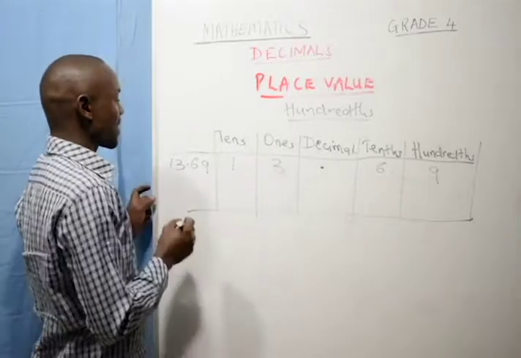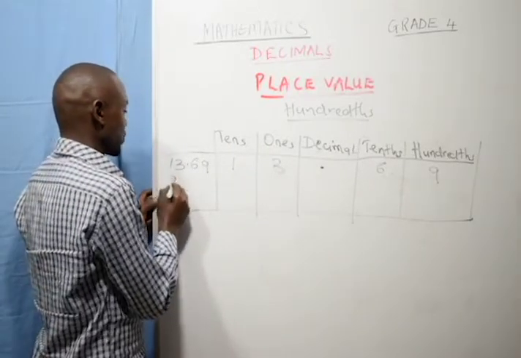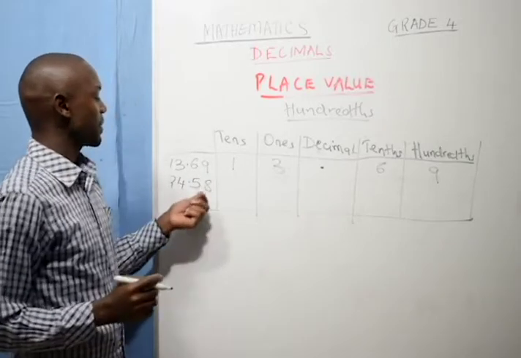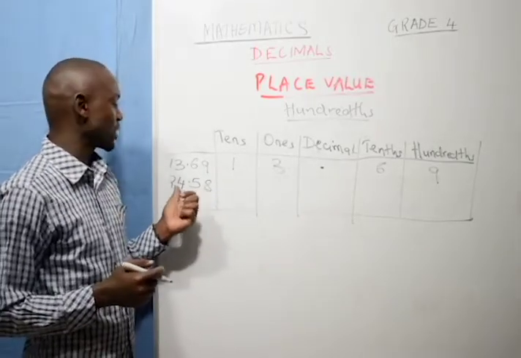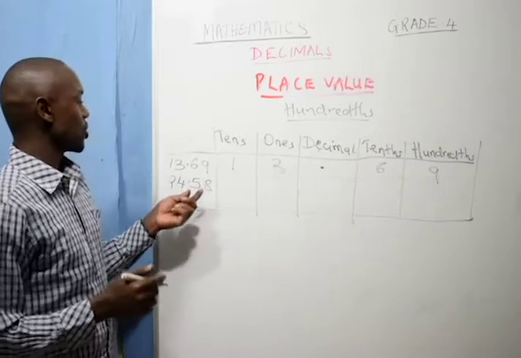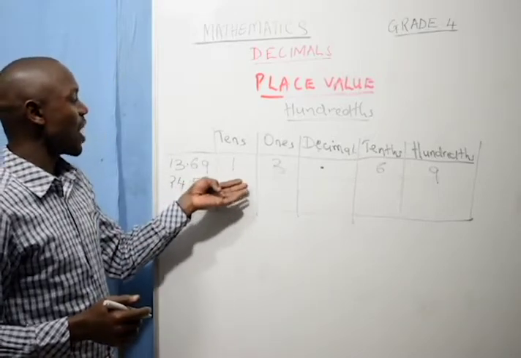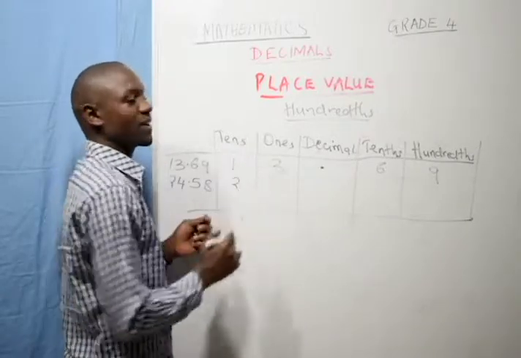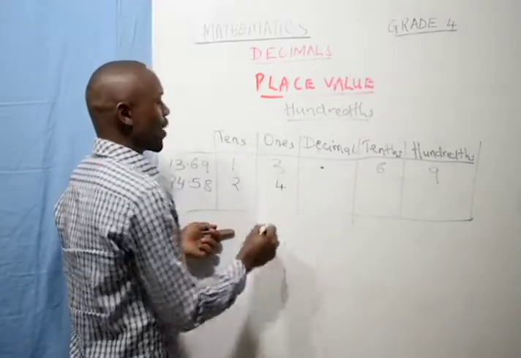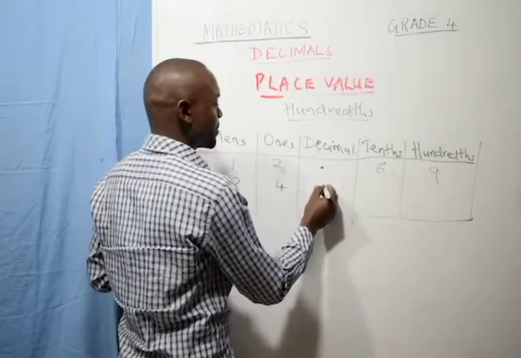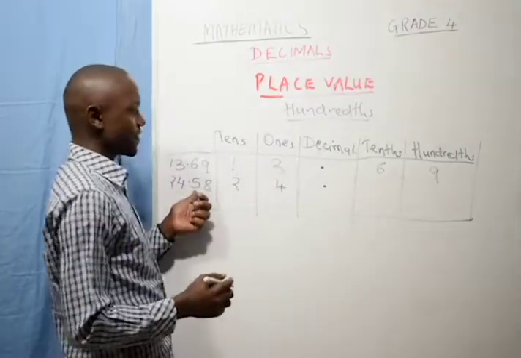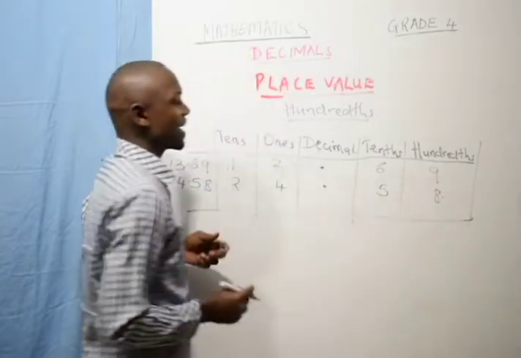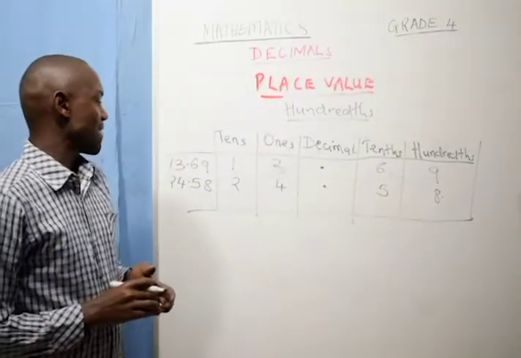We can still have another number like 24.58. In the place value chart, how are these numbers going to appear? We are going to have 2 in the tens place value, 4 in the ones place value, then the decimal, then 5 in the tens place value, and 8 in the hundreds place value.